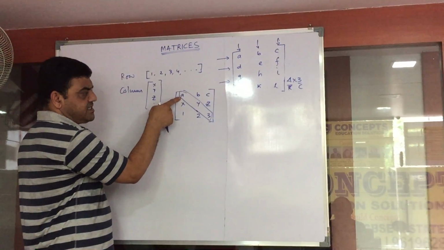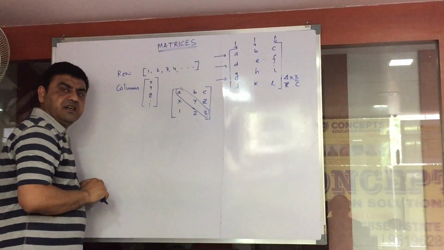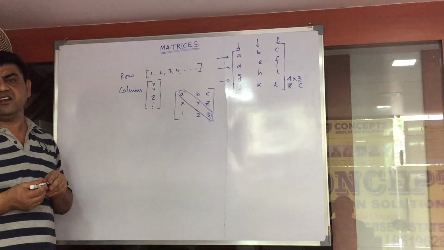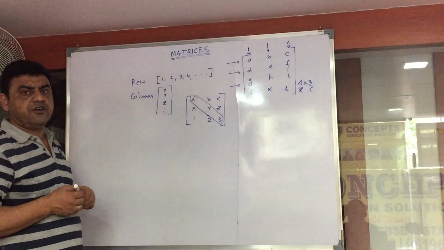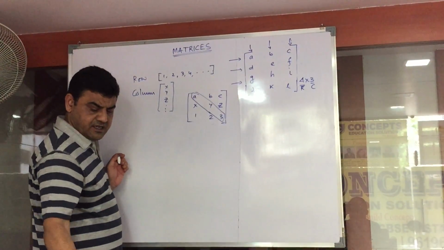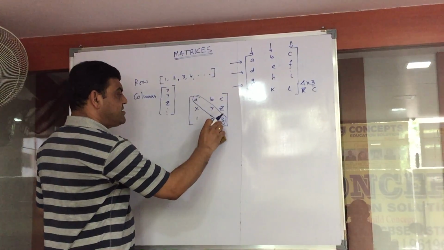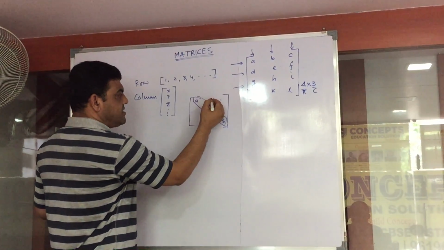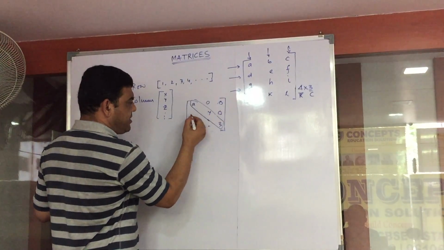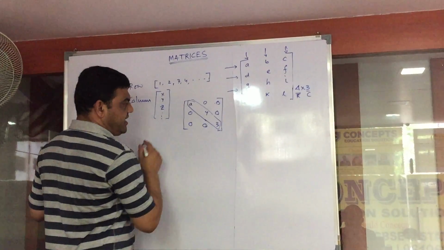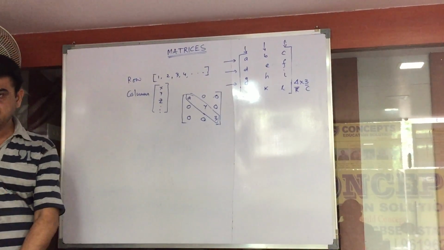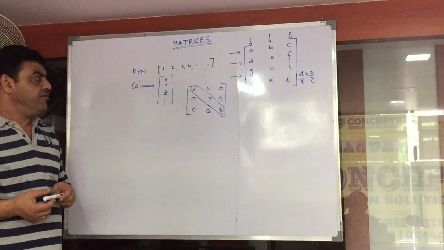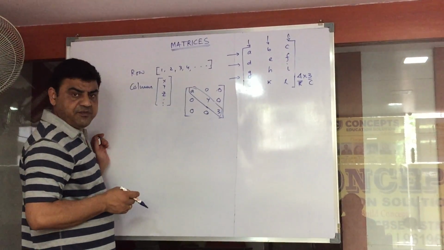In this particular case, A, Y and 3 are the elements, and this particular diagonal is called the principal diagonal or the leading diagonal. When you talk of a diagonal matrix, then everything other than the leading diagonal elements are 0. So a matrix where all other elements are 0 except the leading diagonal is called a diagonal matrix.